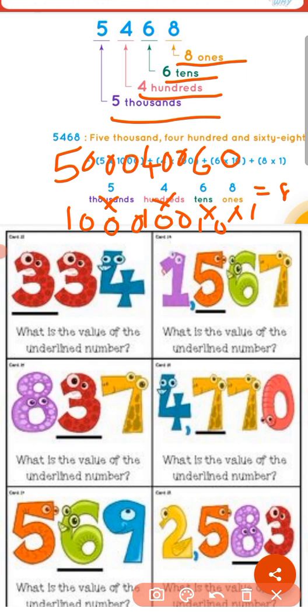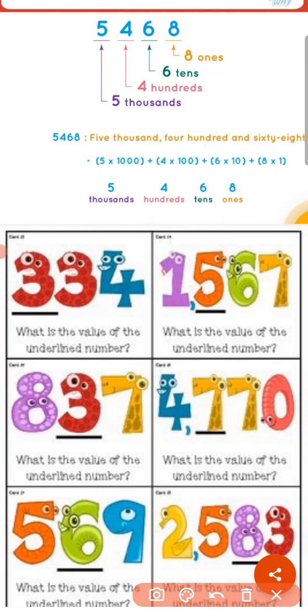So the places of the digits are 8 in ones place, 6 in tens place, 4 in hundreds place, 5 in thousands place. But the place values are: place value of 8, 8; place value of 6, 60; place value of 4, 400; place value of 5, 5000.